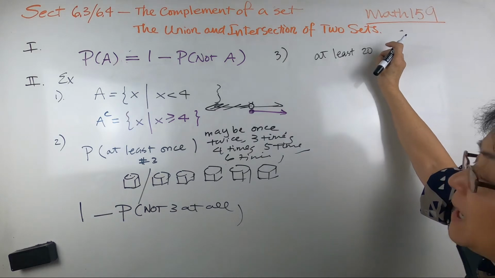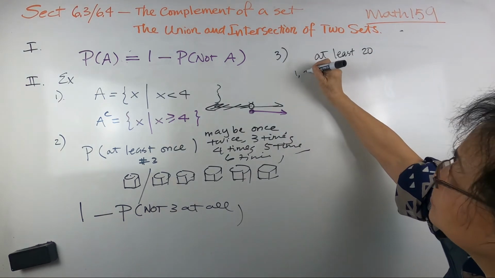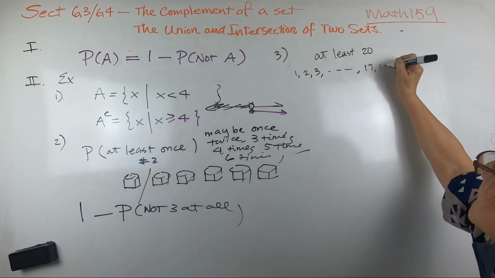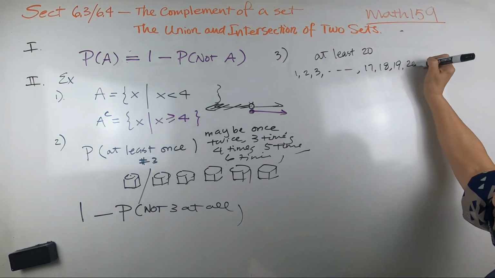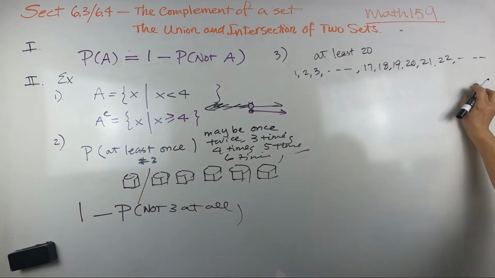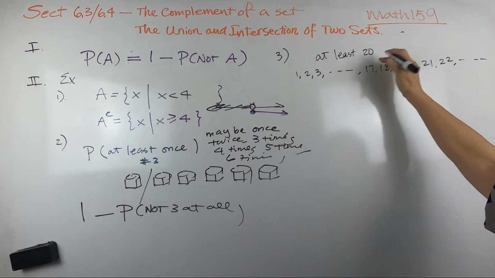So you might have 1 person did the homework, 2 people, or 3, all the way to 17, 18, 19, then 20, 21. You might have so many people did homework, but at least 20 means what?